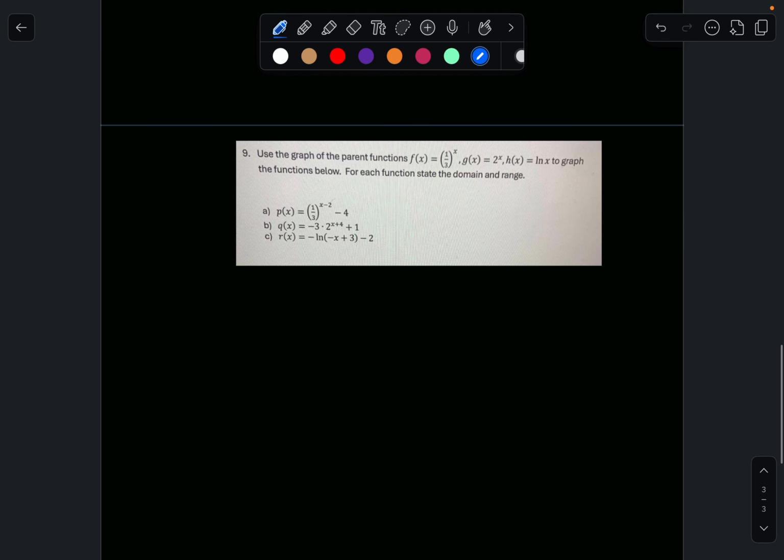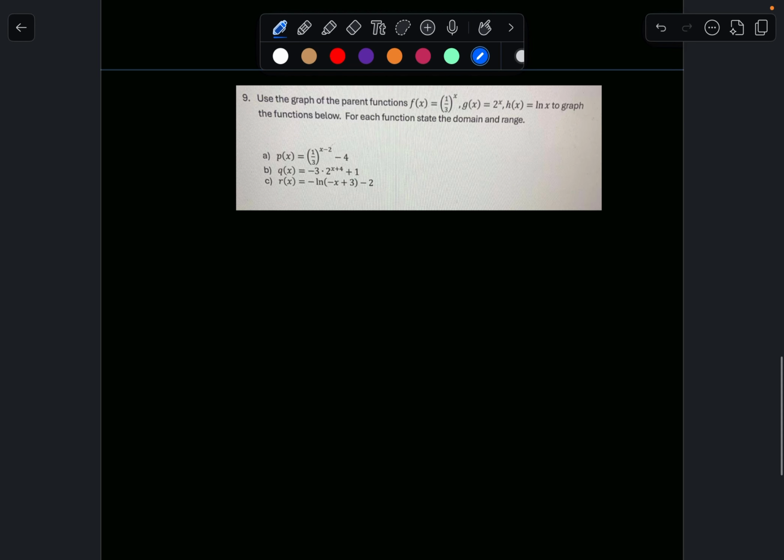Okay, last one. This is like a nightmare, honestly. It wants you to graph. I assume loosely, I'm really going to assume loosely. So we can look at these and also talk about what's going on for the graphic transformations.